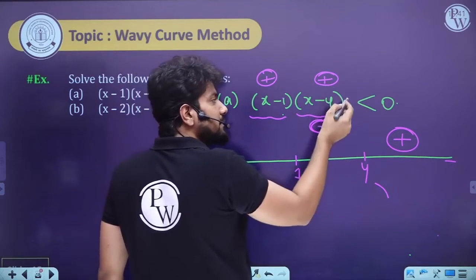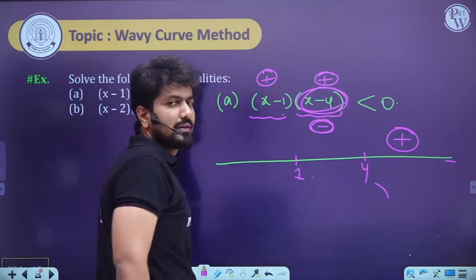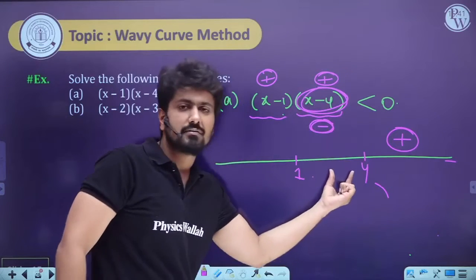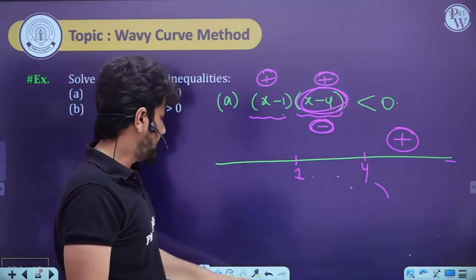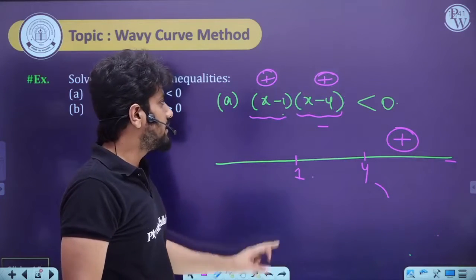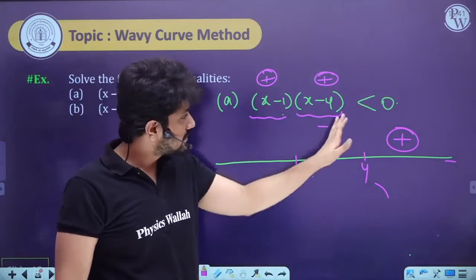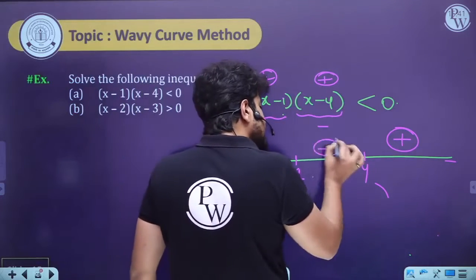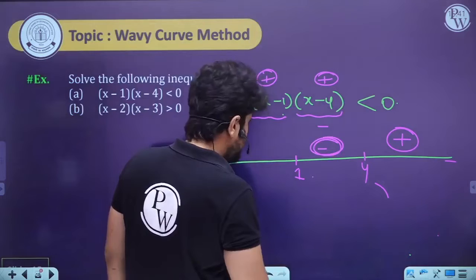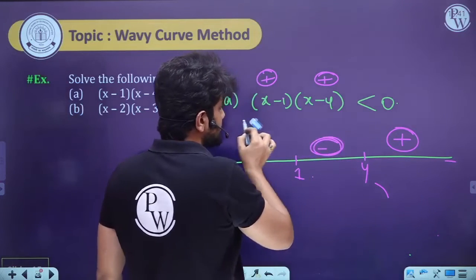So this factor basically changes its sign. This factor is now negative, but the factor x minus 1 is still positive. So this is negative, this is positive. Their product will be negative. So overall, their product will be negative in this region.